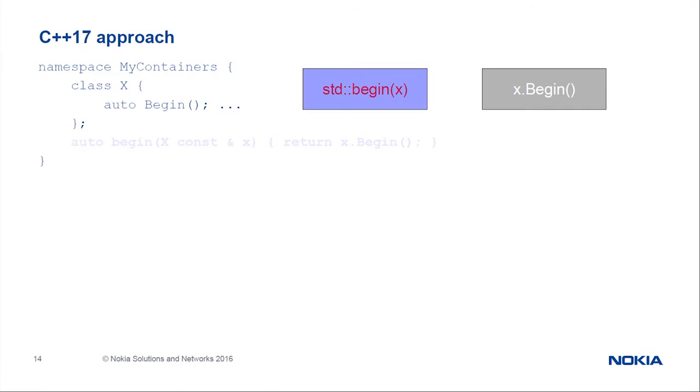Okay, then in C++17, if I have a class that defines some kind of function begin that behaves as we could expect, then there is a mismatch, and we will not find this function.